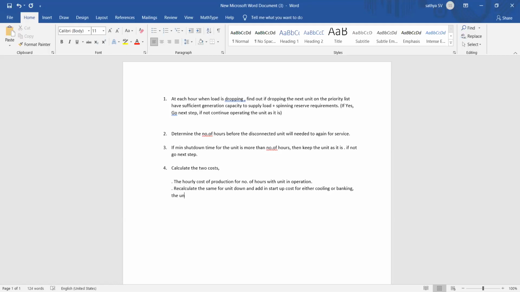So here the unit we are comparing, banking the unit, will compare both the costs, and we need to decide which one is economical, to operate with less cost.